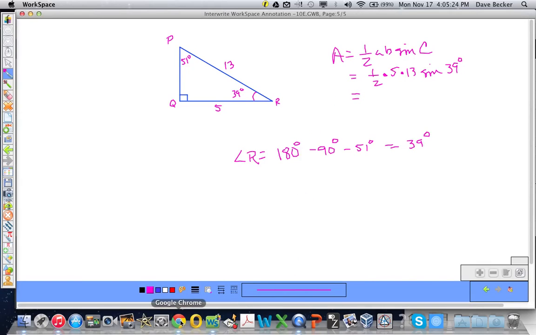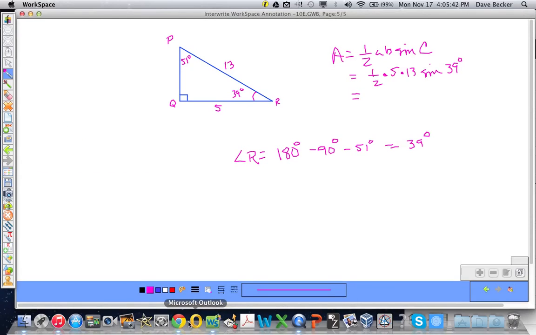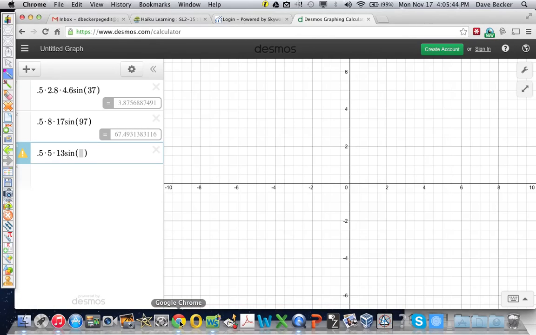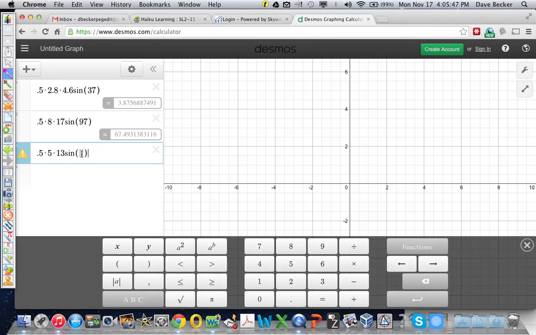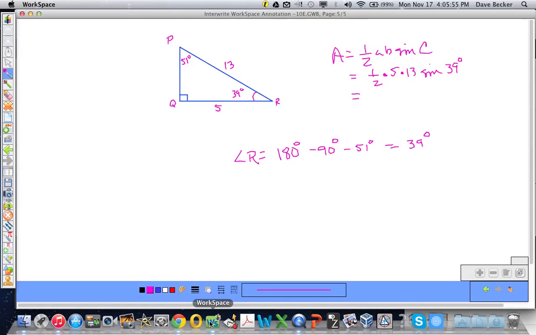So that's going to be 1/2 times 5 times 13 times the sine of 39, enter, and I have 20.5. So the area of that triangle is 20.5 units squared.